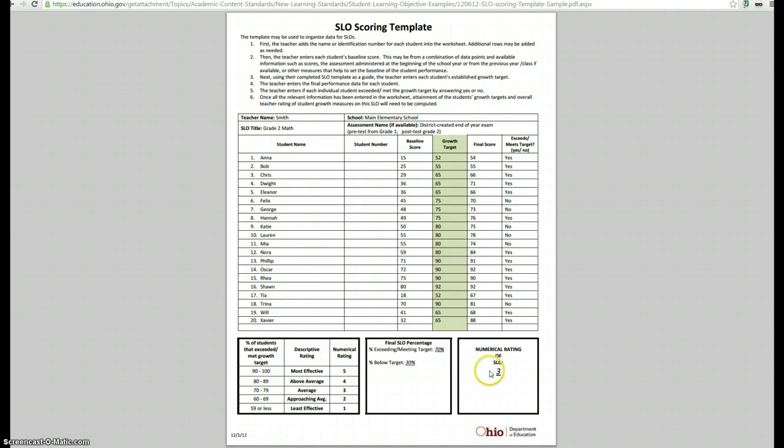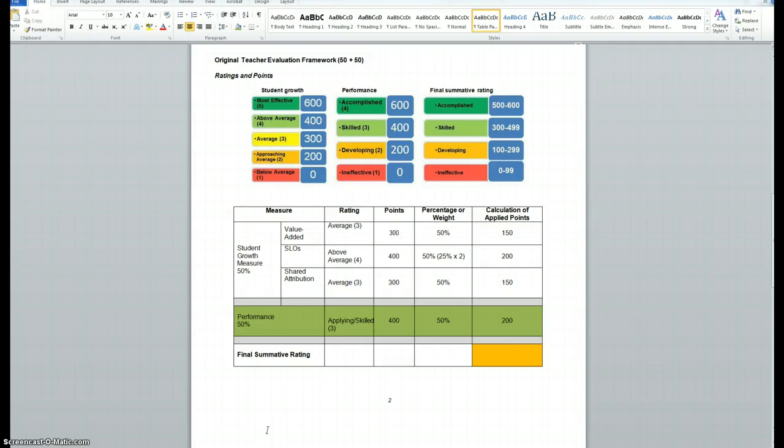It comes out as a numerical rating of a 4, and on the second one it's average and it came across as a 3. You add those two numbers together, that's 7. You divide that by 2. That becomes a 3.5. In this model, it always rounds up, so that 3.5 would round up to a 4. You'd receive 400 points. There are your two SLOs. Each were worth 25%. Remember, that's 50% of that, so there's your 200 points there.